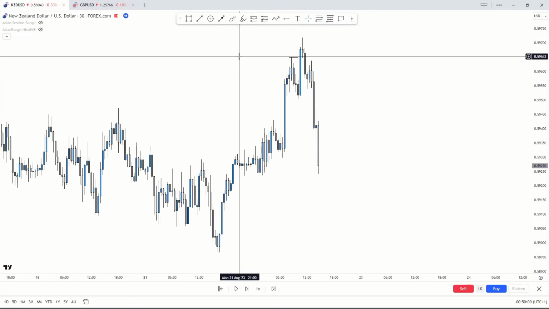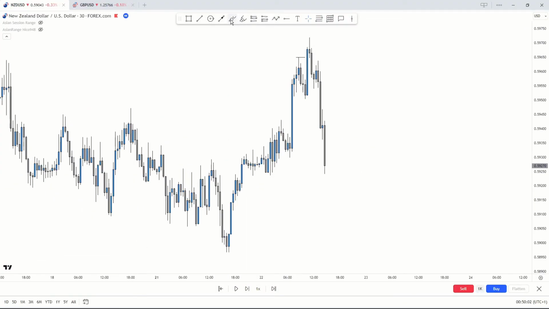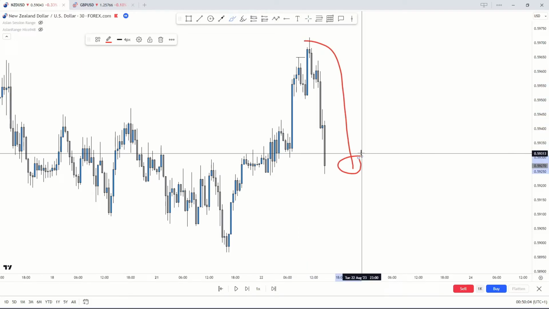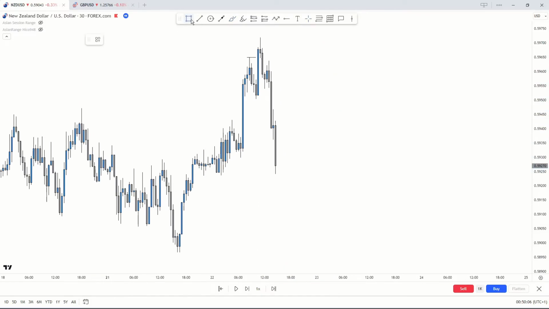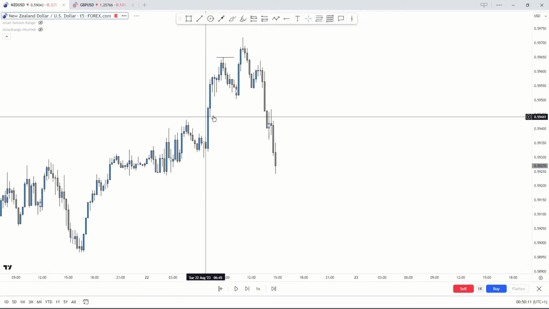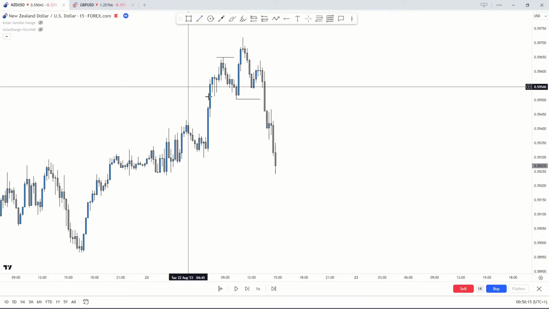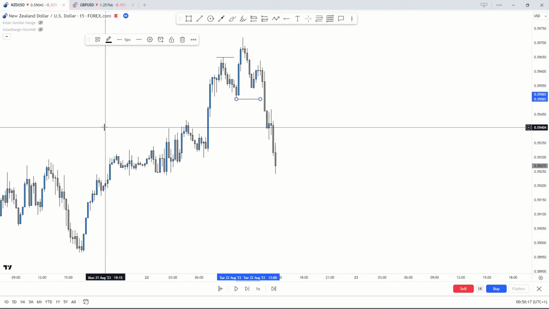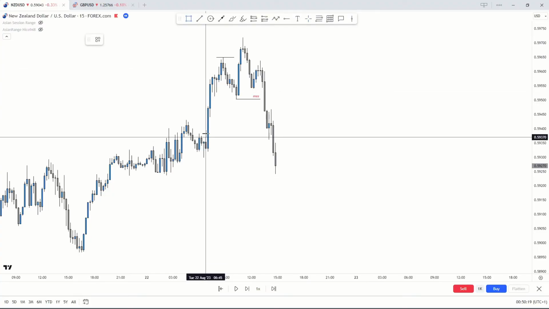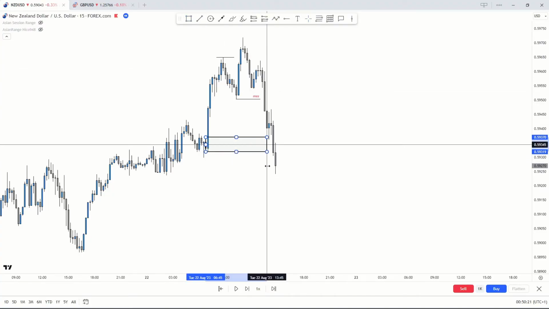After a liquidity sweep, I expect some sort of reversal towards the downside, and that is exactly what we got. Following this reversal, what we saw on the 15-minute was that we broke through this level of demand, giving us a market structure shift, and we actually violated this level of demand as well.